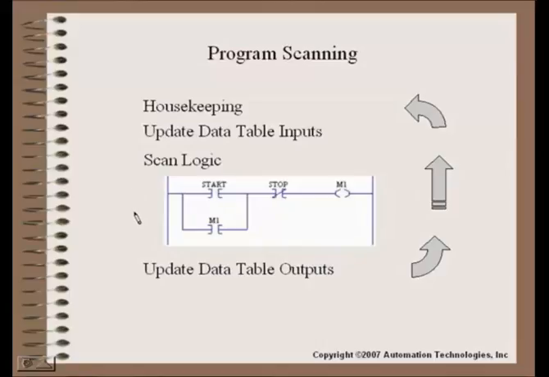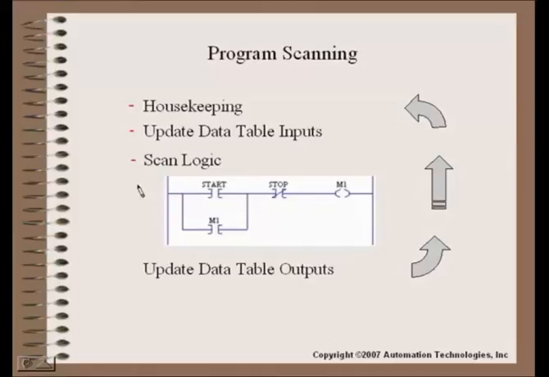In a typical program scan, and not all of them are the same, this is just an example, we might have a housekeeping section where the program does some communications updates or takes care of overhead in the processor. Then it would update the data table inputs. It would take those inputs that we saw from our previous drawing where they come in from the field, and put that information into the processor so that it has it available.